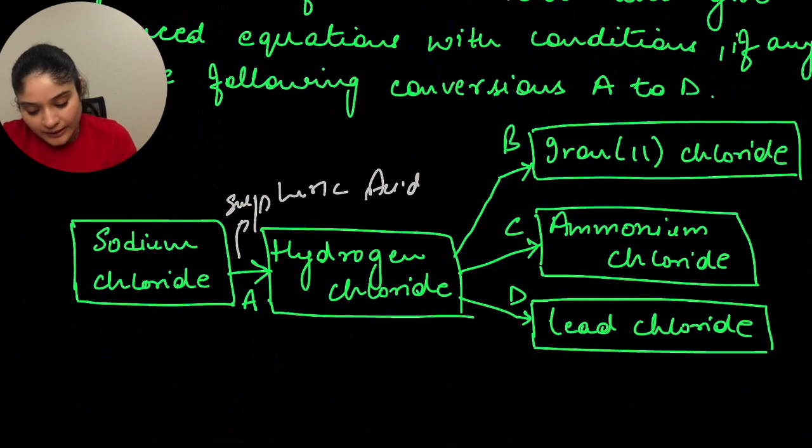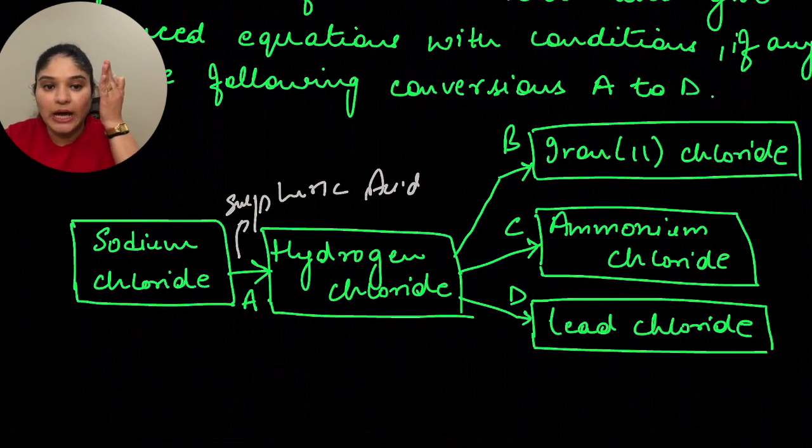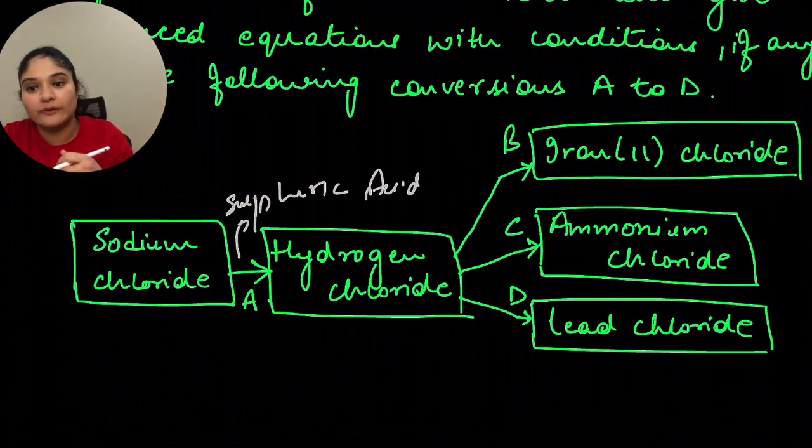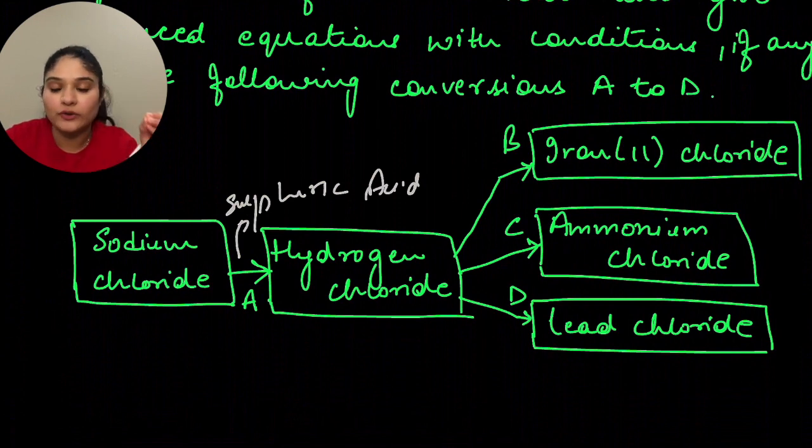Then from hydrogen chloride, you are trying to reach iron chloride. What will you react hydrogen chloride with to get iron chloride? You can react hydrogen chloride with iron, that is Fe. Fe will combine with chlorine to give you iron chloride. So over here you can react it with Fe.